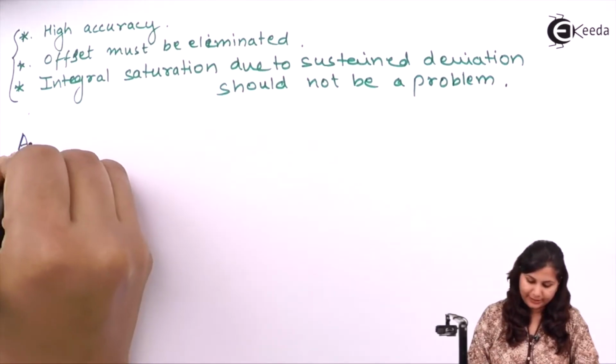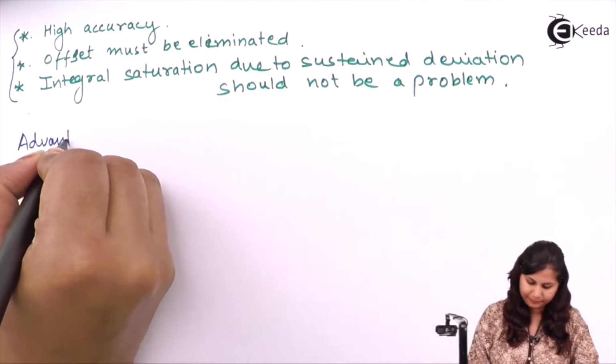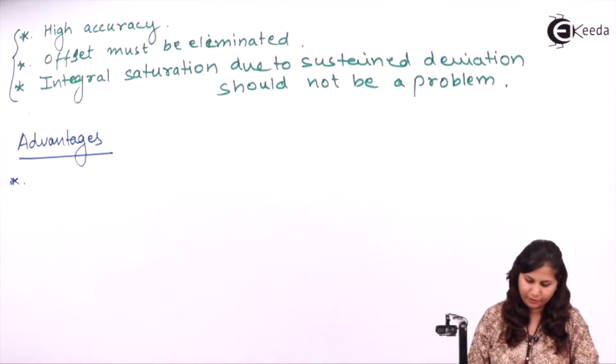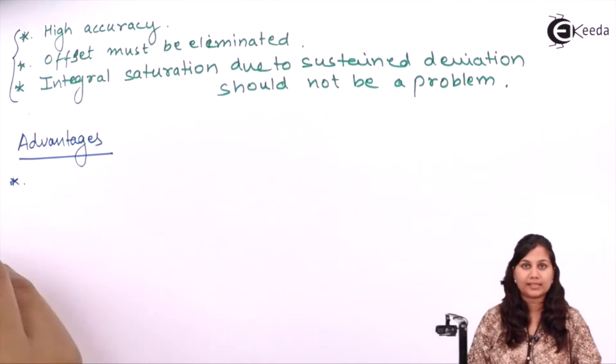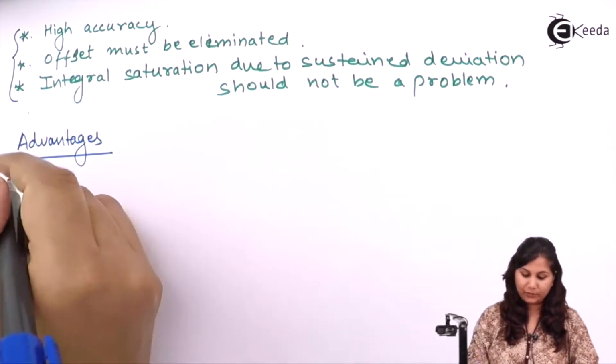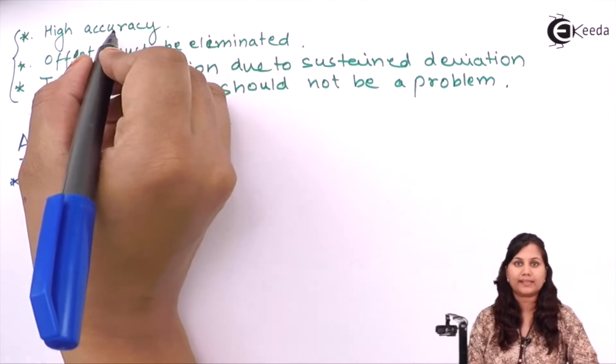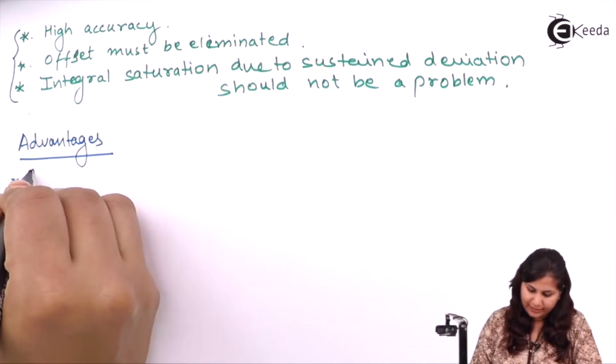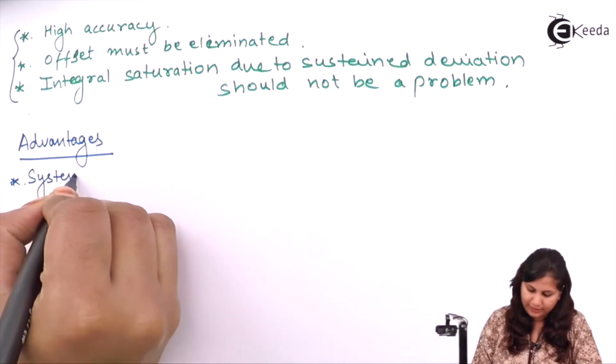Now advantages and disadvantages. Advantages of proportional integral control is that the system accuracy is increased. That's why it is used where high accuracy is required.